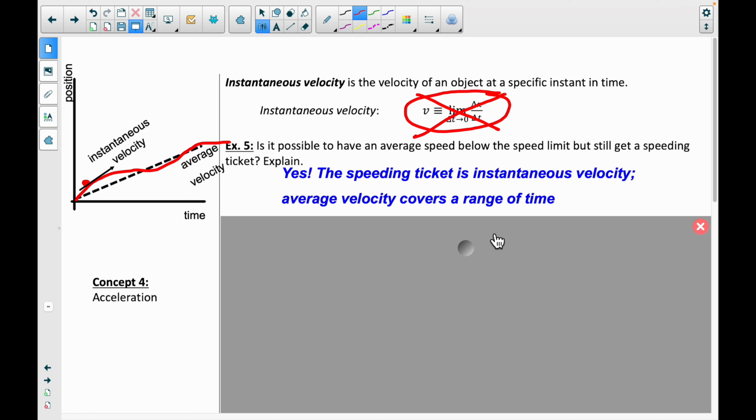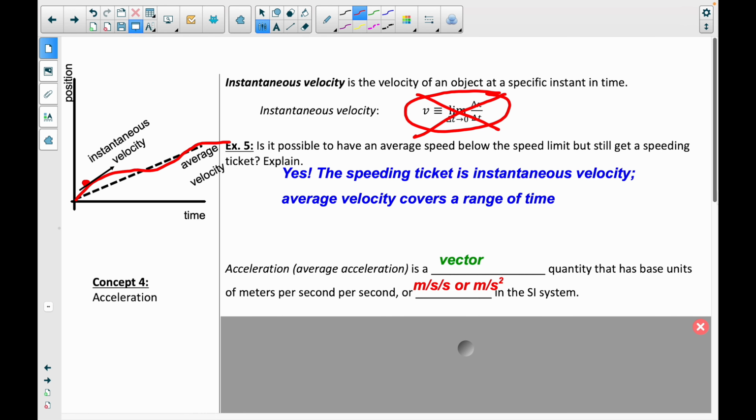If you get pulled over and you say, but back there I wasn't speeding, and so my average is lower, they don't care. They're talking about at that instant; at no point during your driving are you supposed to be speeding. Hope that helps you distinguish between instantaneous velocity, which is very important, and average velocity, which really isn't all that important.